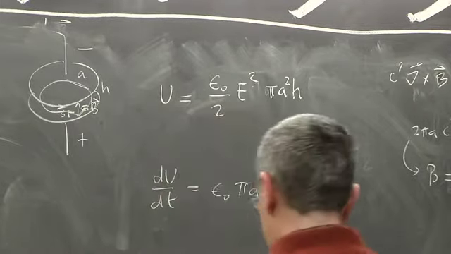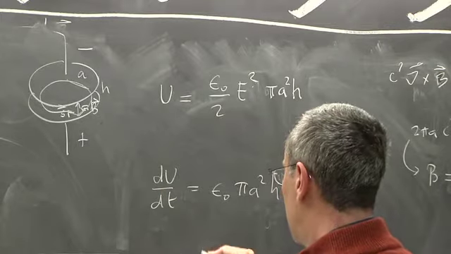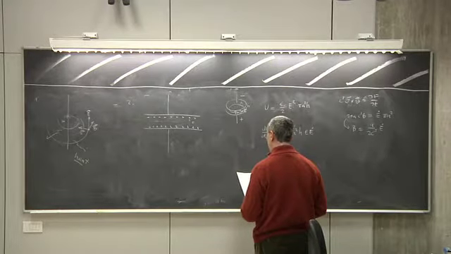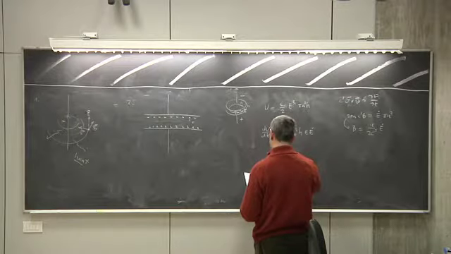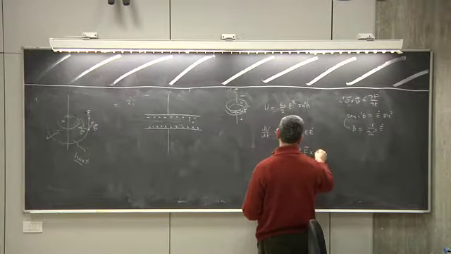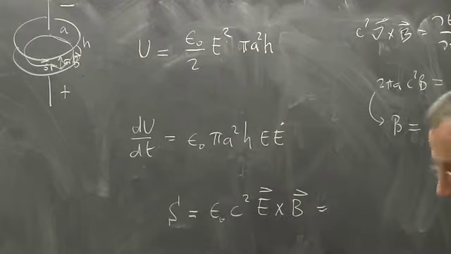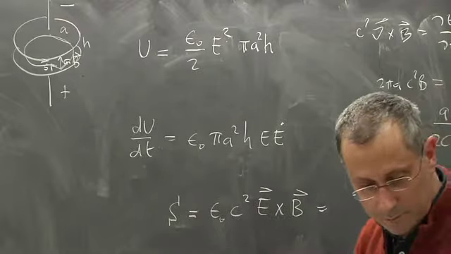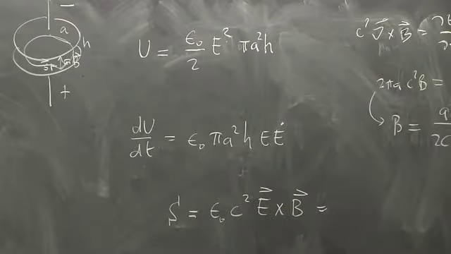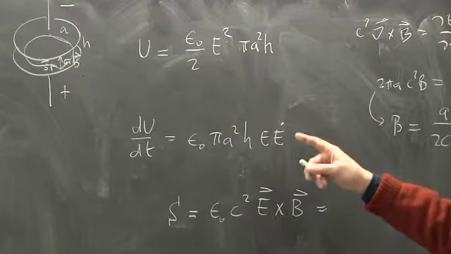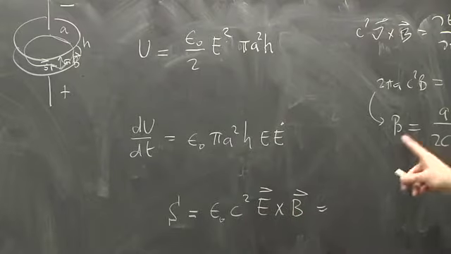What is the Poynting vector? Well, the size of the Poynting vector is epsilon naught c squared E cross B. In these units. Before I just sort of neglected the units. So it's E cross B, but B is this.